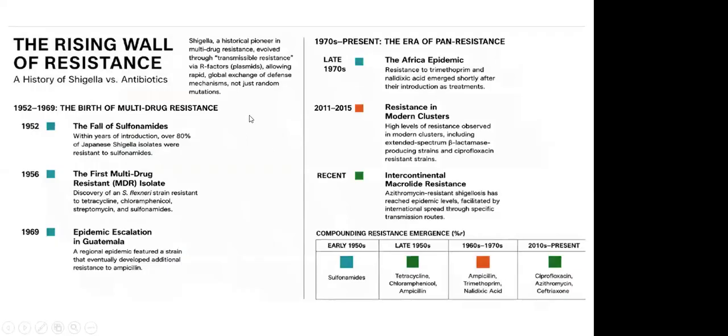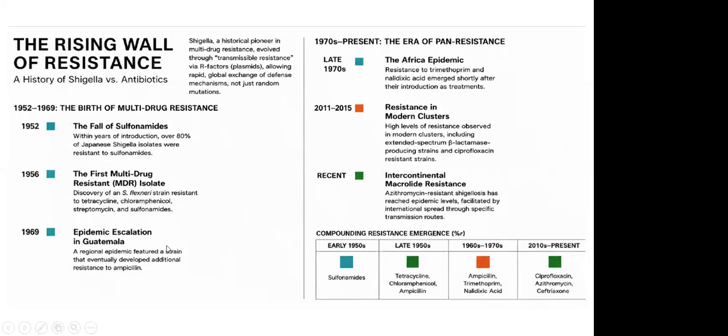There are various mechanisms by which drug resistance occurs in a bacterium. As you can see in Shigella, sulfonamides were the first used for treatment in the 1950s, and slowly, as the years pass, each drug has been developing resistance. Sulfonamides developed resistance in the late 40s and 50s, and the treatment was switched to tetracyclines and chloramphenicol.